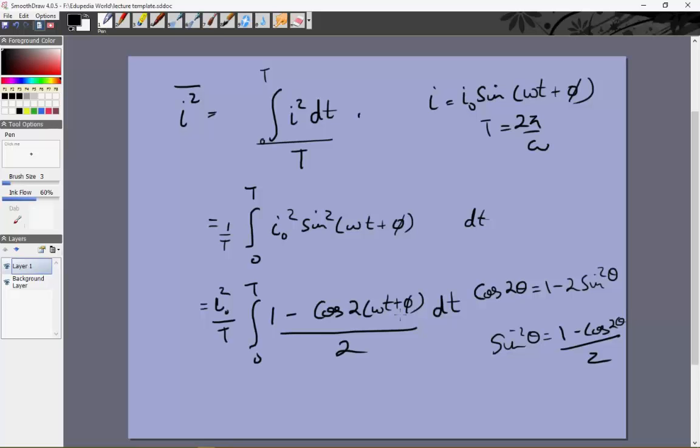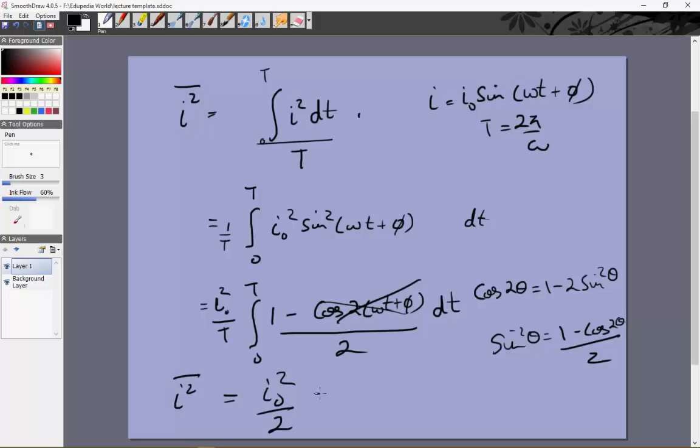If we take any sine or cosine and integrate it during one whole cycle or during 2 whole cycles, which is the case here, then the integral will come out to be 0. So the integral of cos of 2 omega t plus phi will come out to be 0. You can verify that yourself. So then all we are left with is 1 by 2, integral of dt will be T, and we get I0 square by 2.